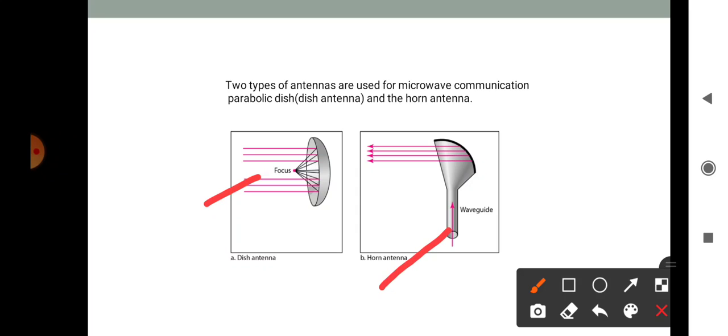A parabola is a mathematical curve whose reflection property causes an incoming beam of parallel rays to focus to one point, and conversely, waves radiated from a source placed at the focus point are reflected by the surface to form parallel rays in an outgoing beam. Then second is the horn antenna.